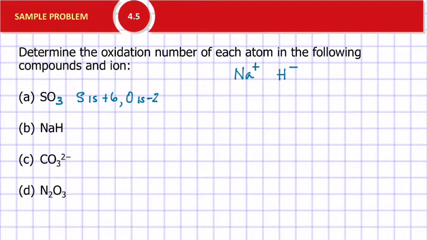Just following the rules, hydrogen is a non-metal making a negative ion. How do we name that? Hydride. Right? We change the ending of hydrogen to "ide." So this would be sodium hydride. Sodium hydride.